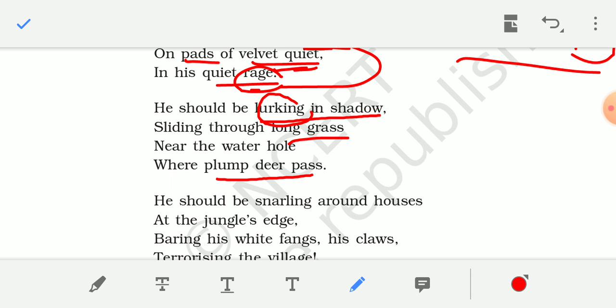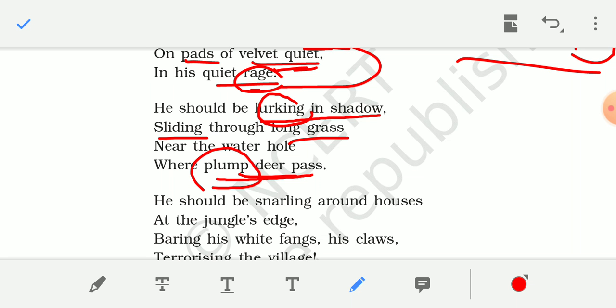The tiger should not be kept in the zoo, but it should be in the jungle, where it should be hiding quietly under the shadow of the tree and sliding through long grass. Here sliding means moving. Okay, so moving quietly through the long grasses near the water hole where plump deer pass. Here plump means hefty, that means hefty deer which it can prey on and hunt, and it can have its own food.